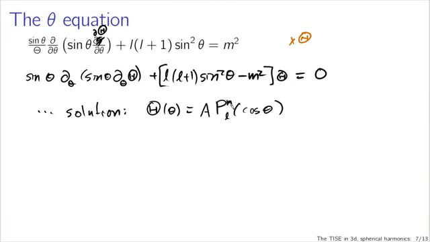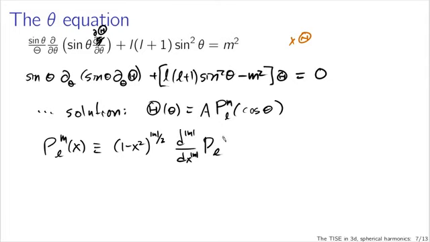The associated Legendre functions are given in terms of the Legendre polynomials. I'll write that out. P sub l superscript m of x, now just a generic argument, is more or less defined to be 1 minus x squared raised to the power given by the absolute value of m divided by 2 times the mth derivative of the P sub l of x, where P sub l of x now is a Legendre polynomial.